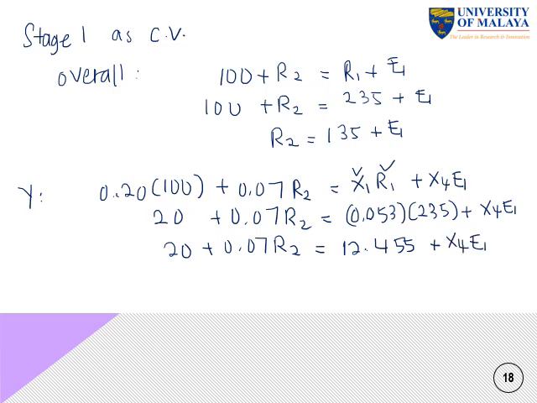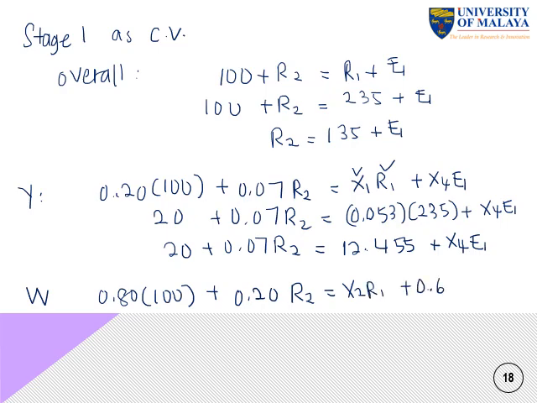And then you can also continue with doing the balance on W. 0.8 times 100 plus 0.20 R2 equal to x2 R1 plus 0.65 E1.